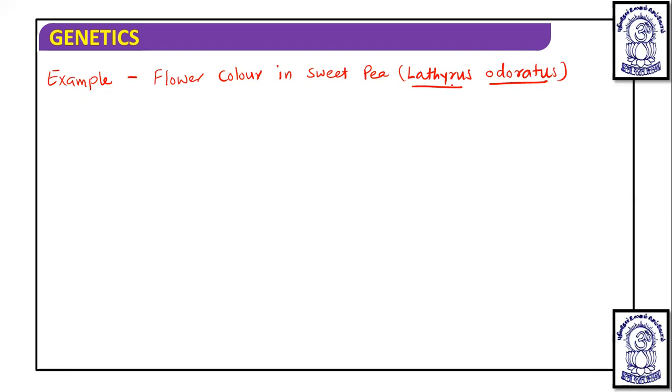Now, if we talk about flower color in Lathyrus odoratus or sweet pea, two flower colors can be obtained. They can be colored or they can be colorless.